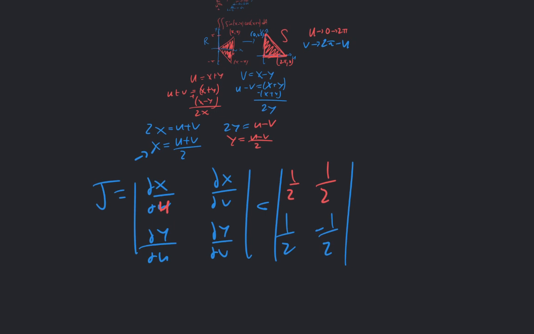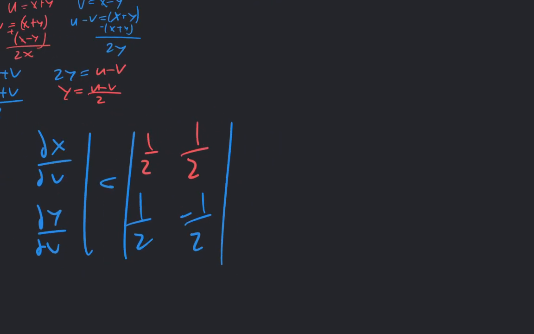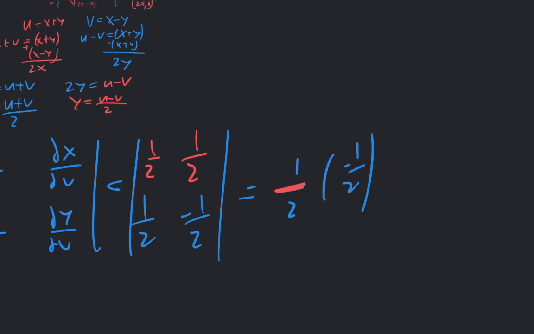And when we take the determinant, we get negative 1/2 times negative 1/2. Oops, I think I might have had a double negative there maybe. 1/2 times negative 1/2 minus this term, 1/2 times 1/2.